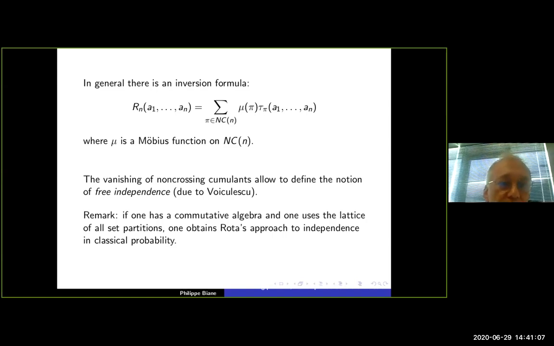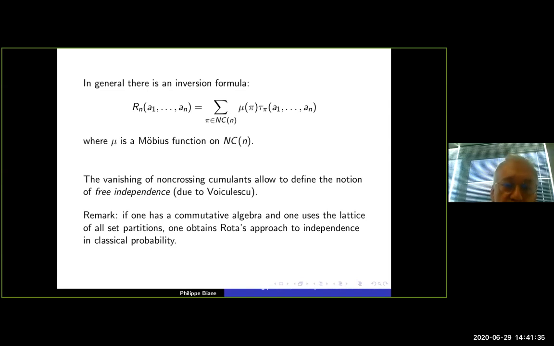And well, the basic remark from which Speicher started is that if you do the construction that I did, but using a commutative algebra and using the lattice of all set partitions instead of the lattice of non-crossing partitions, then you obtain formulas, cumulants, which were found by Rota in his approach to the independence in classical probability.